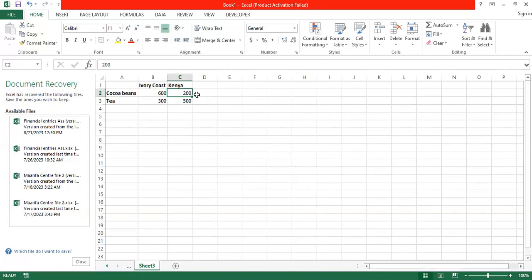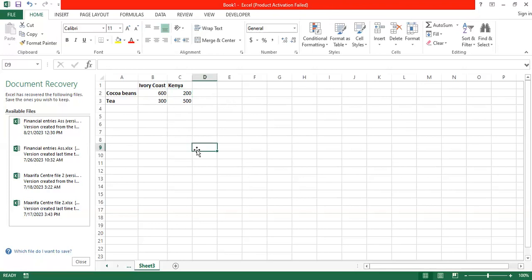And then Ivory Coast would have an absolute disadvantage when it comes to tea in comparison with Kenya, because Ivory Coast can only produce 300 while Kenya can produce 500.